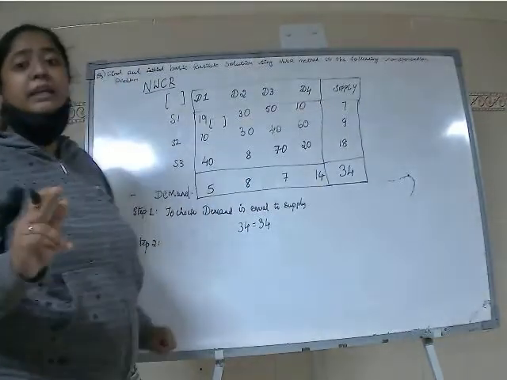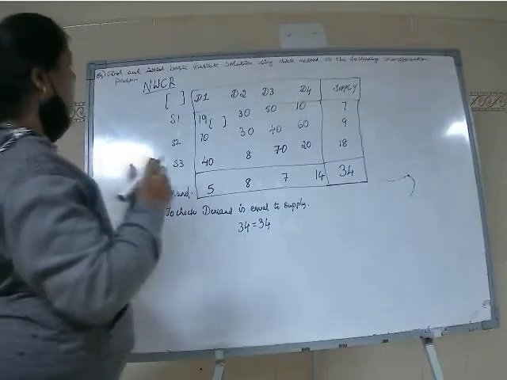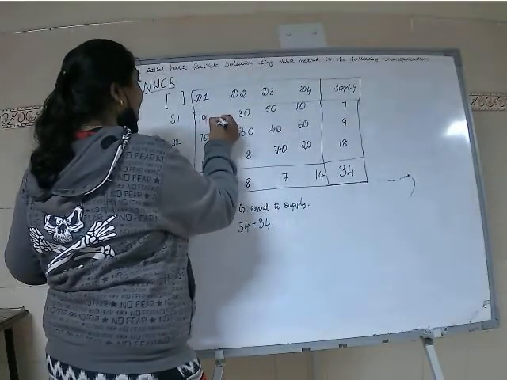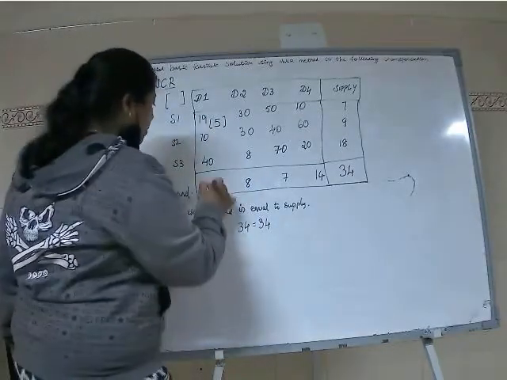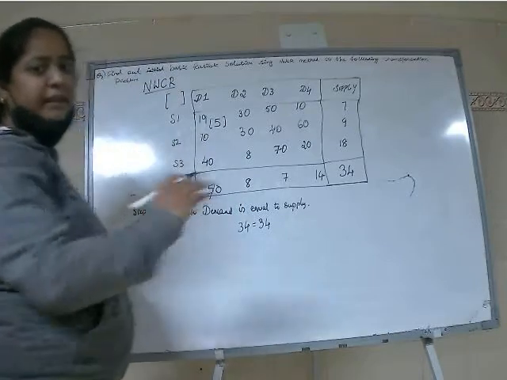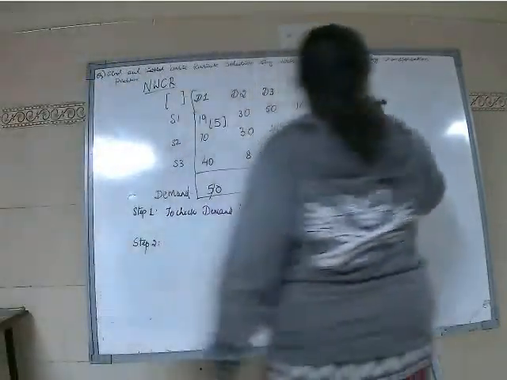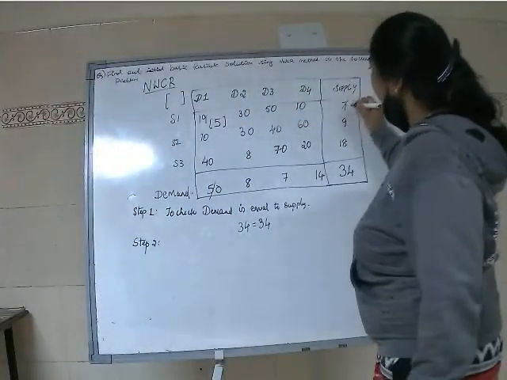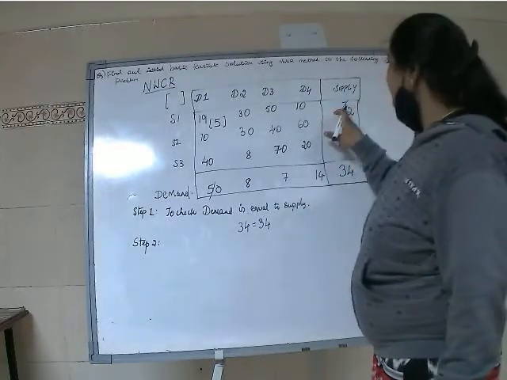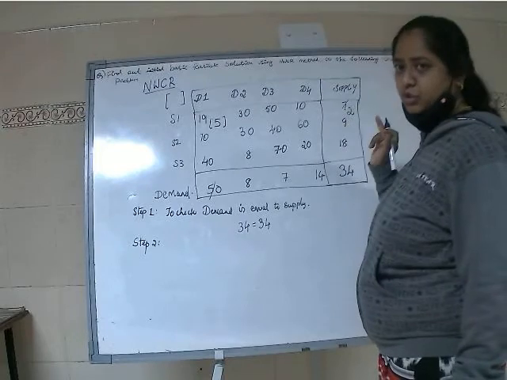So you need to take the minimum value, that is I am allotting here, allocation is 5. So I will strike 5, it becomes 0. So the demand is done. And here if I subtract 7 minus 5, I will get 2. So I am striking 7 and writing here 2.